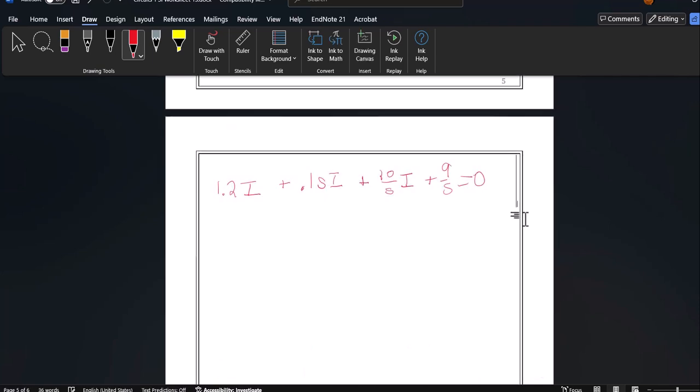Word is letting me paste, so just use Word. All right, so now the thing that I'm going to solve for is I, and so I need to take anything that doesn't have an I to the other side, and I'll factor out an I of what's left over here.